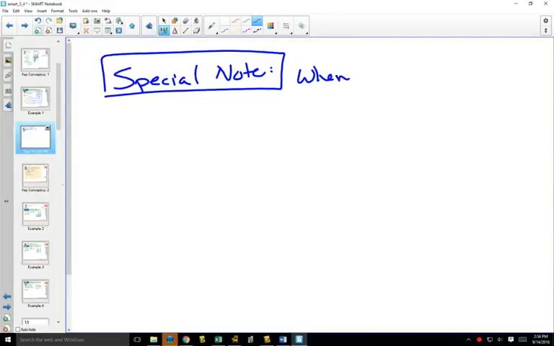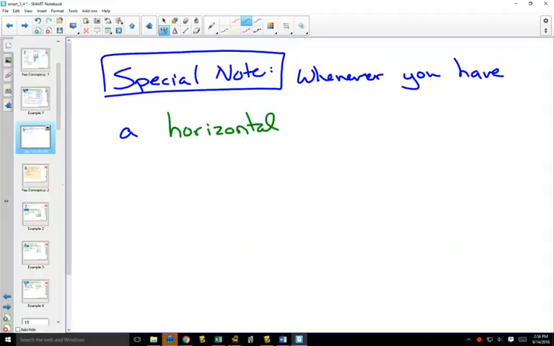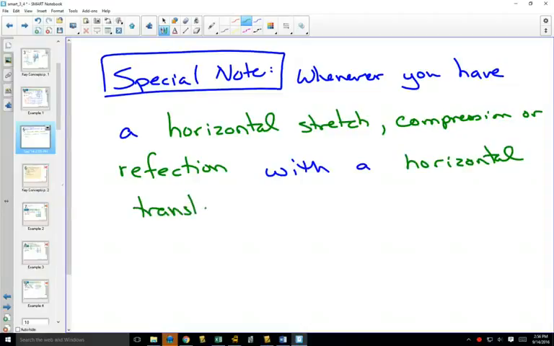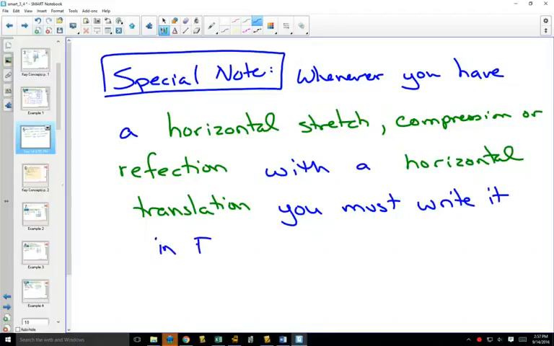Whenever you have a horizontal stretch, compression, or reflection with a horizontal translation, you must write it in factored form.